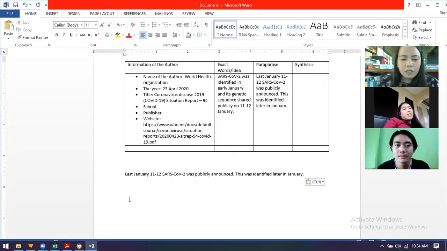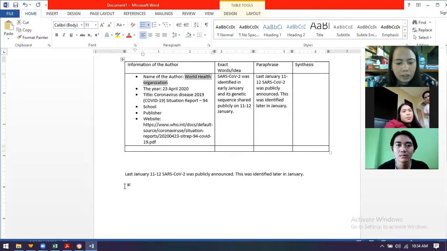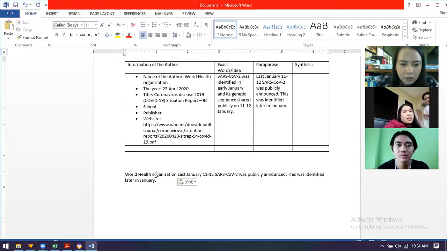Pwedeng, halimbawa, dito nyo ilalagay, kapag una nyo palang minention yung abbreviation, kasi World Health Organization can be abbreviated. So, once nyo palang siya minention, pwede nyong ilagay yung entire word niya or entire definition. Lalagay natin, ang year is 2020.